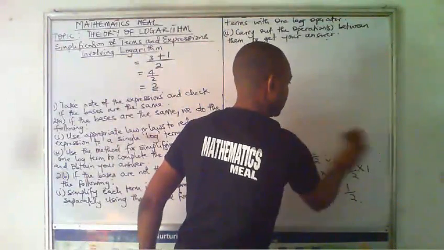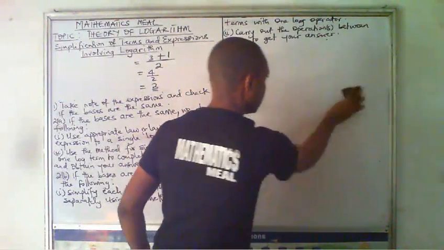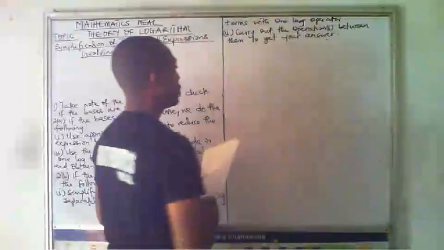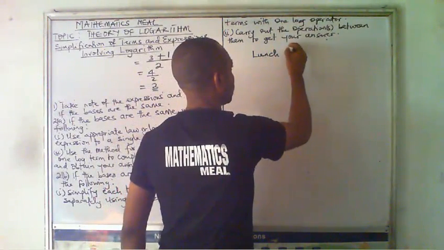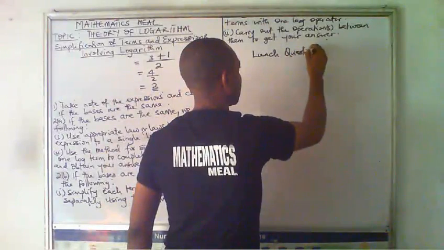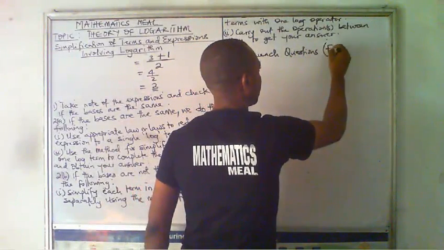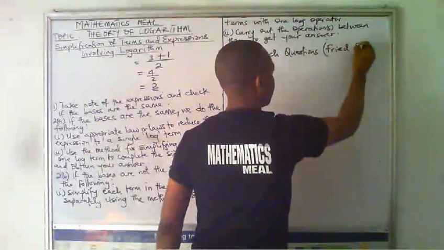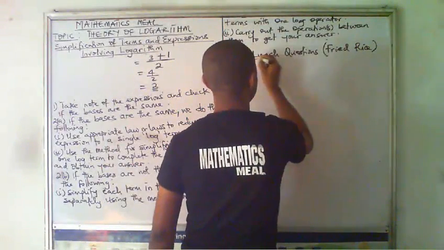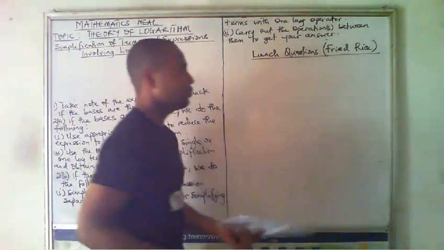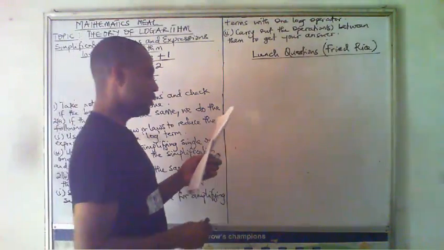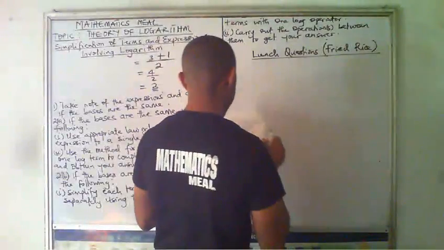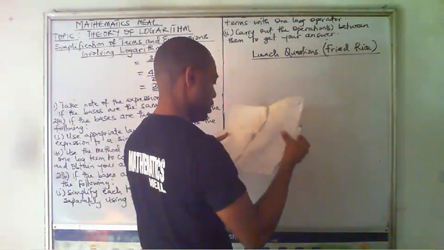So what's the lunch? What do we have for lunch today? Lunch questions. We have fried rice. Somebody's about to enjoy some food. Yeah, I know you will enjoy it. There's no doubt that you're going to enjoy the fried rice.